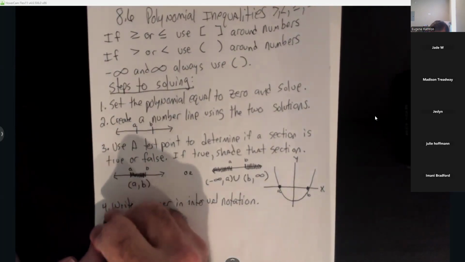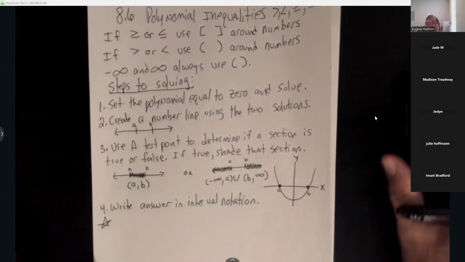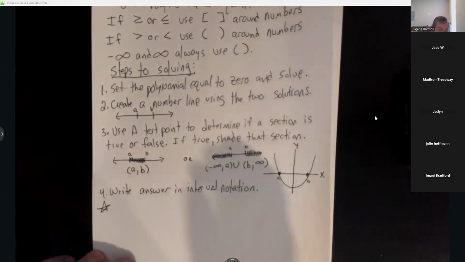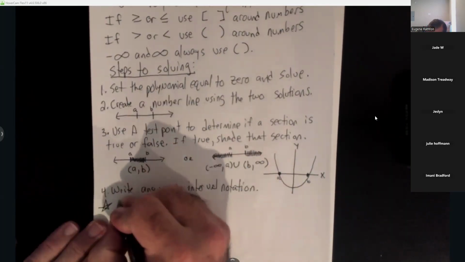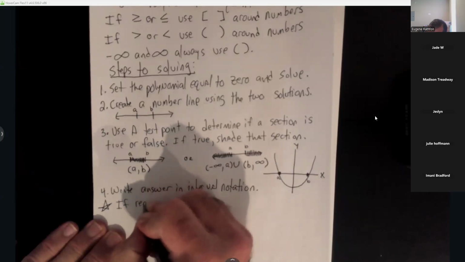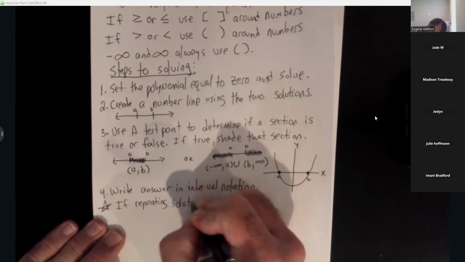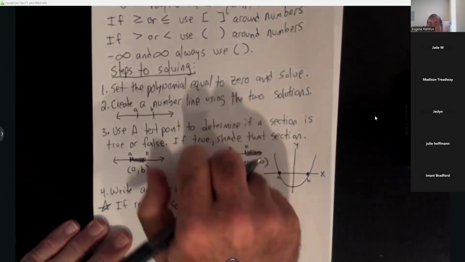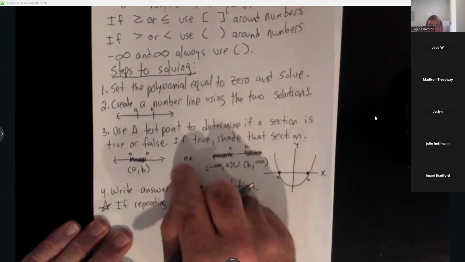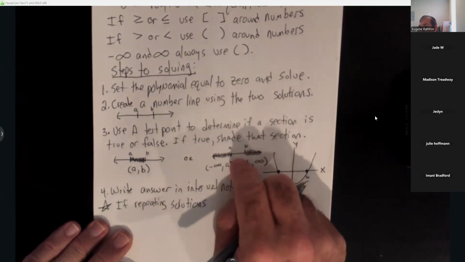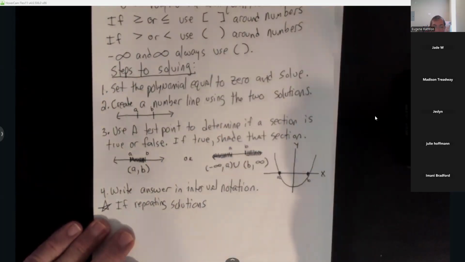Unless, star number one, if you get repeating solutions, so say I solved one of these and I got x equals 2 and x equals 2. It's the same answer repeating.